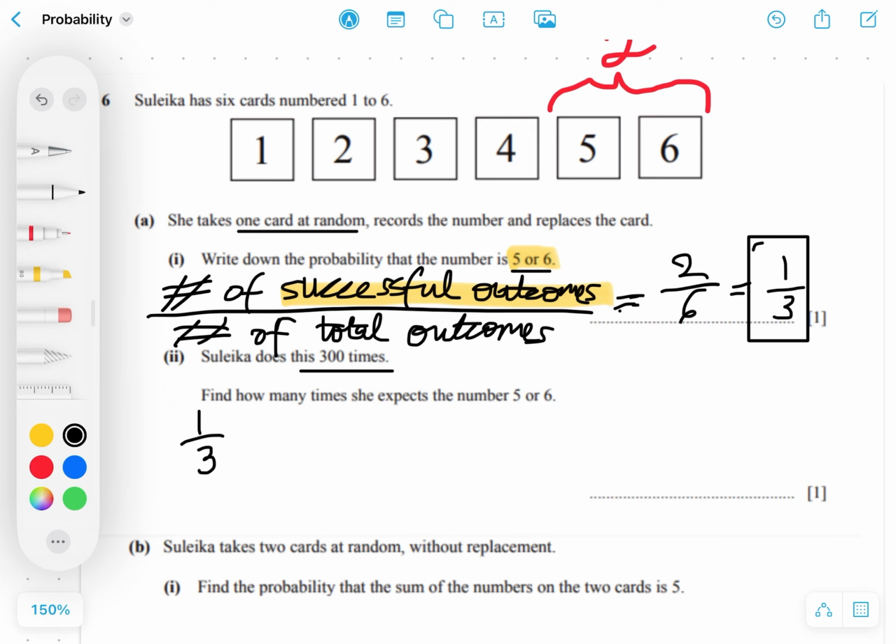Since it's the probability for one card, we multiply it by 300 to find the number of times she expects it with 300 cards. So 1/3 times 300 is 100. So in theory, she expects 100 of the 300 times she chooses a card to be 5 or 6.